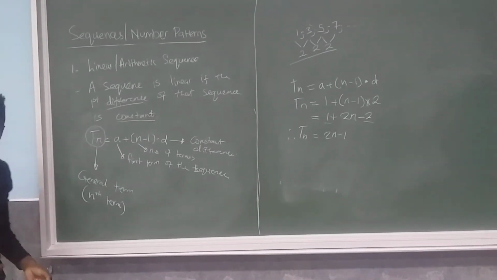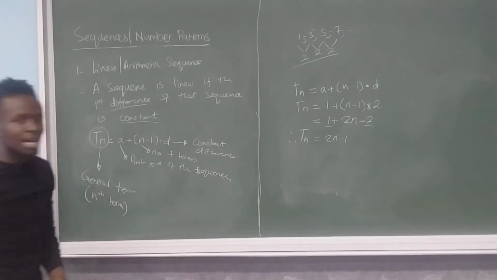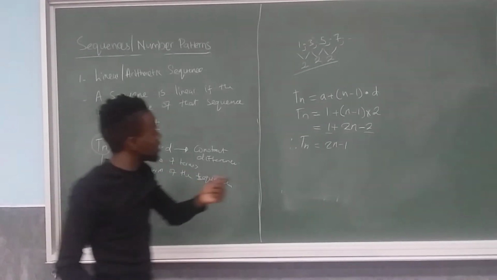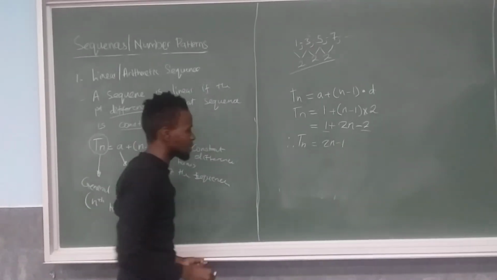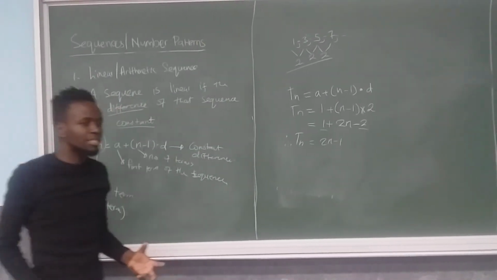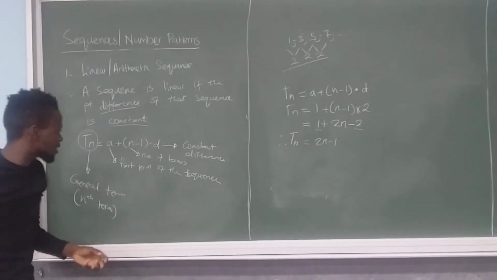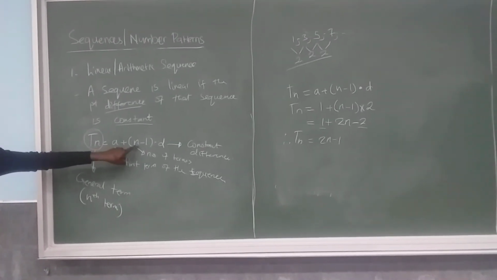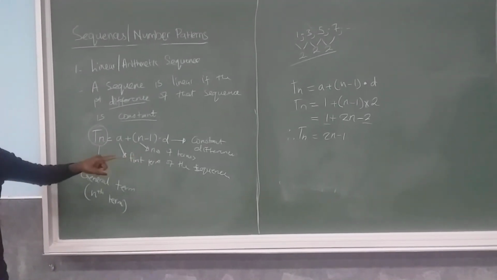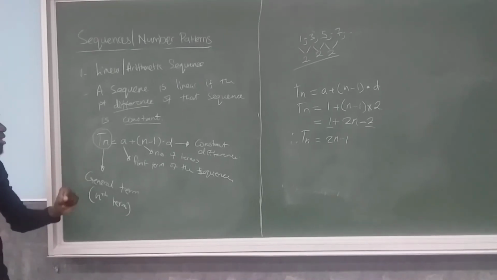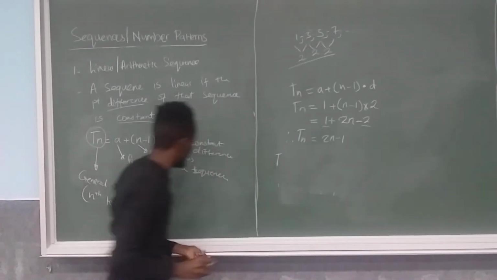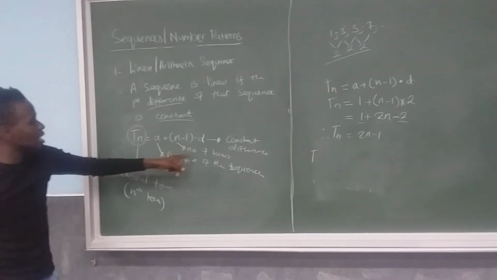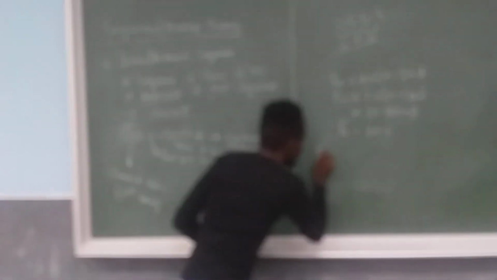And then maybe the question will go on and say, calculate for us term number 7. I've told you that n represents what? The number of terms. So if a question says calculate term number 7, wherever you see n, you are going to put 7.